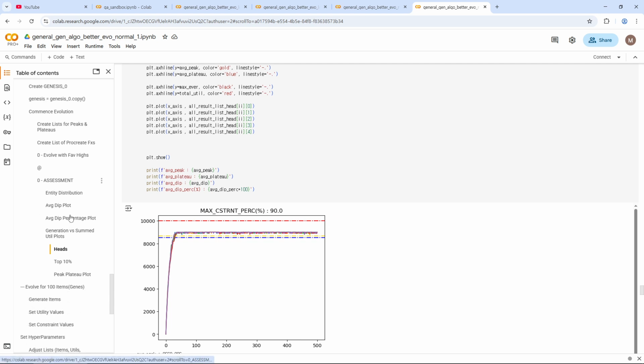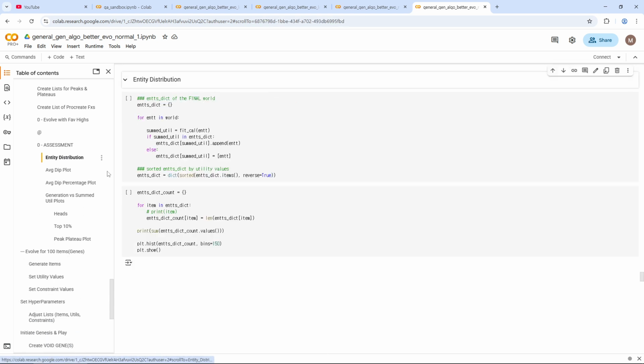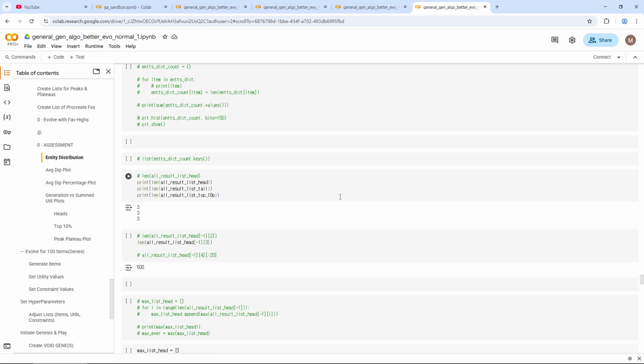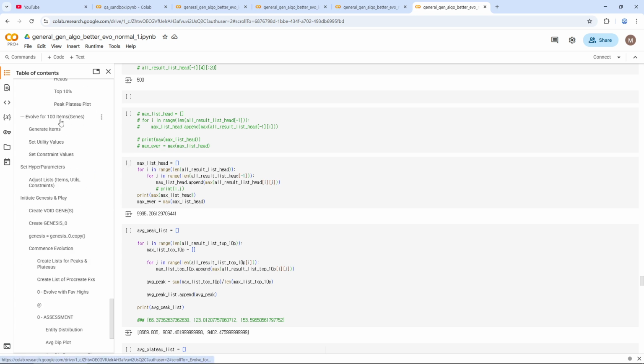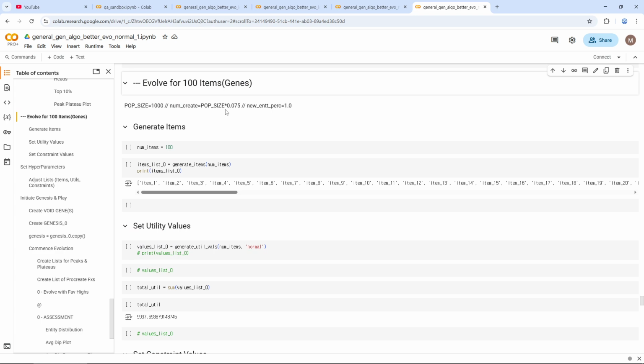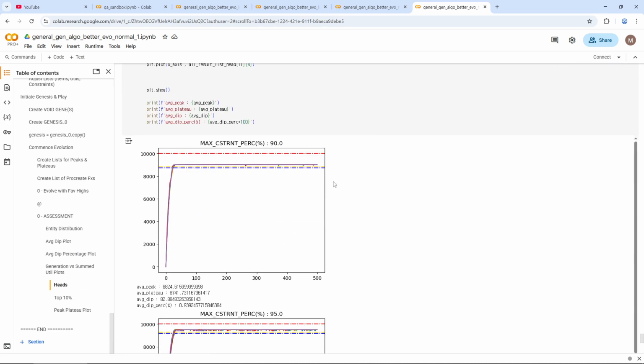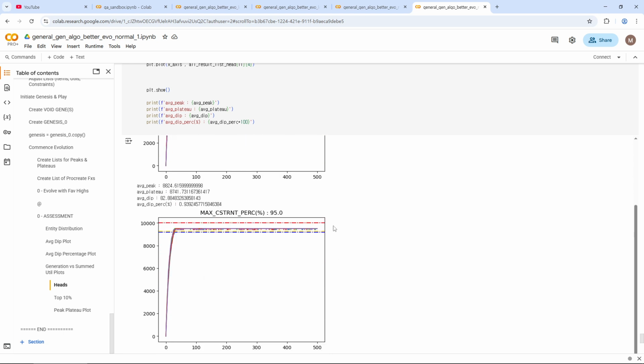And the maximum ever was 9995. Yeah, so it did. And also when num create was 7.5% of the pop size and the new entities percentage was at 1.0 or 100%, still the same thing. The maximum ever was equal to the total sum of utilities.